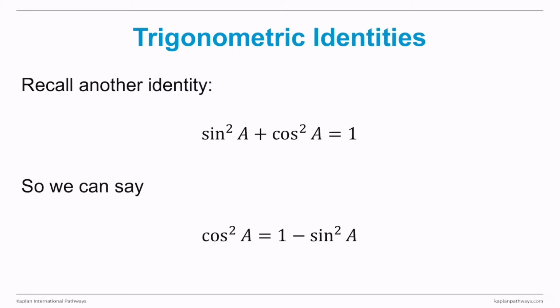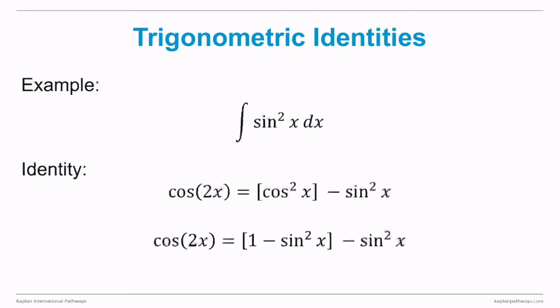So we already know that sine squared plus cosine squared equals 1. That was from term 1 we did before Christmas. So we can say cosine squared A is 1 minus sine squared A, and if we substitute that instead of the cosine squared, we have cosine 2x is 1 minus sine squared x minus sine squared x.